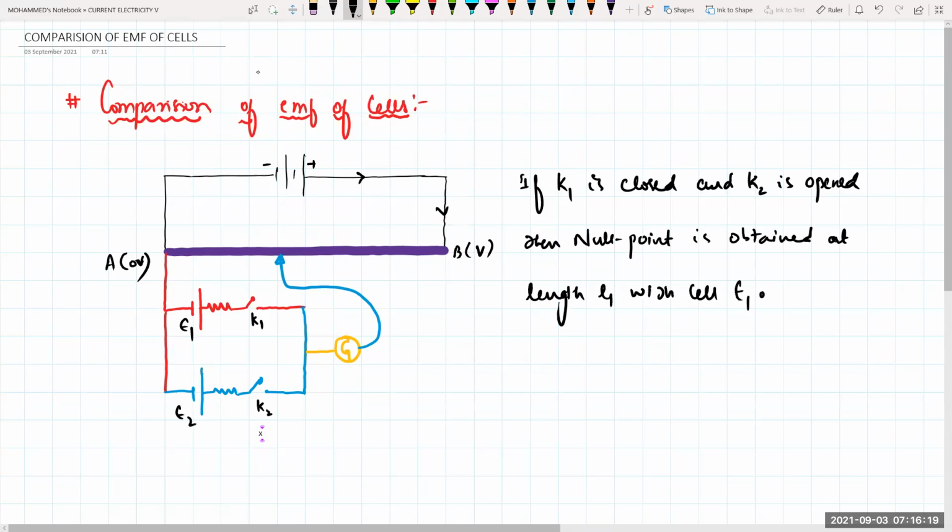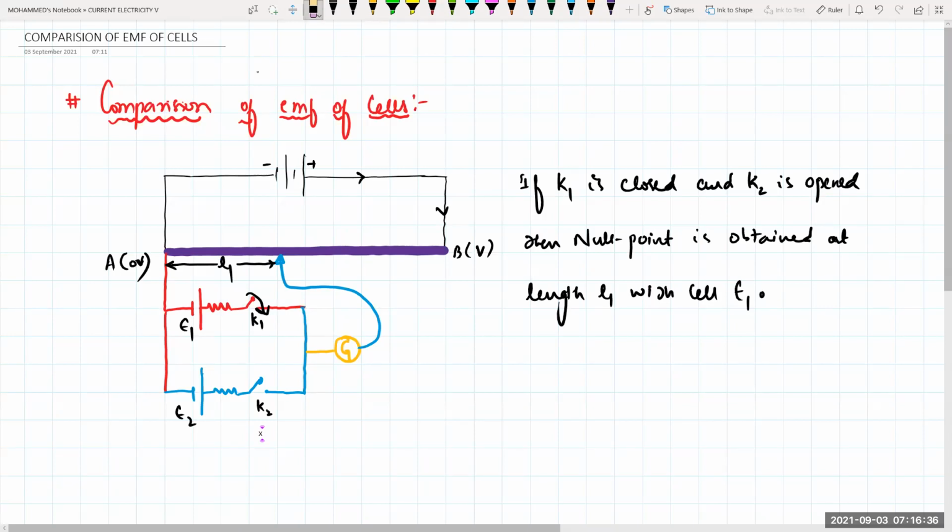K1 is closed, so that means this will come into play like this, and this one is open. So from E1 there is a flow of current. So now this will balance somewhere at a length right here. Say for example, this is the balancing length for E1.